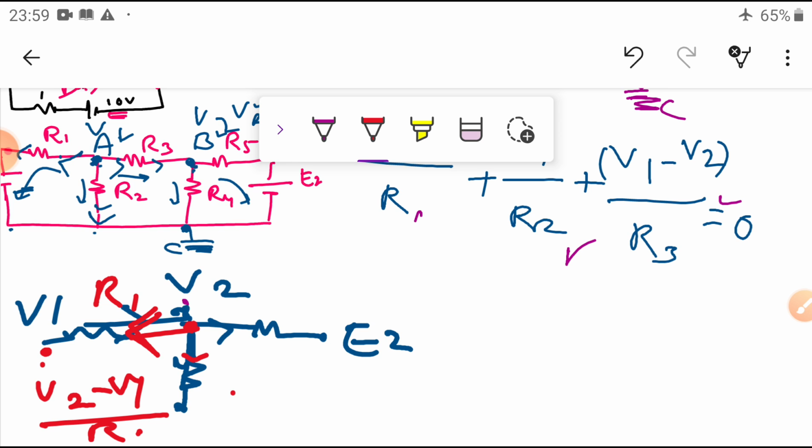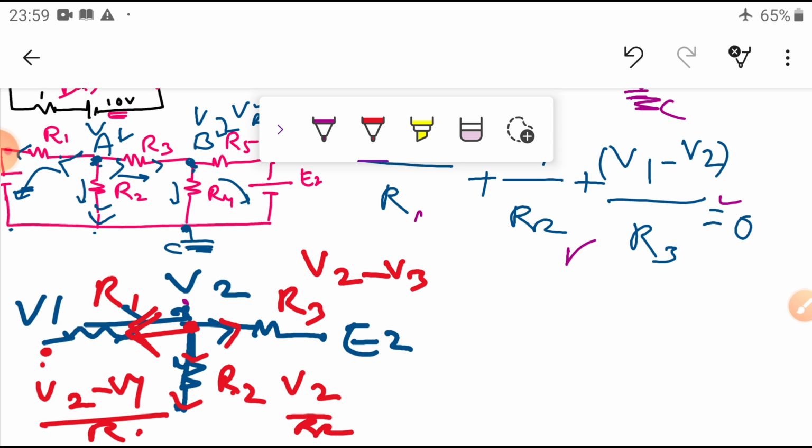Now what is the current here? For example R2, that is V2 by R2. Now for this current, for example R3, the value is V2 minus E2 by R3. This current plus this current plus this current is equal to 0. That is the second equation.